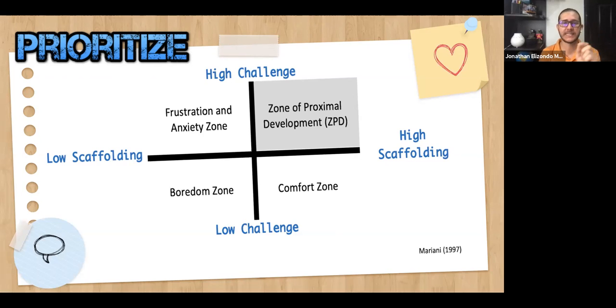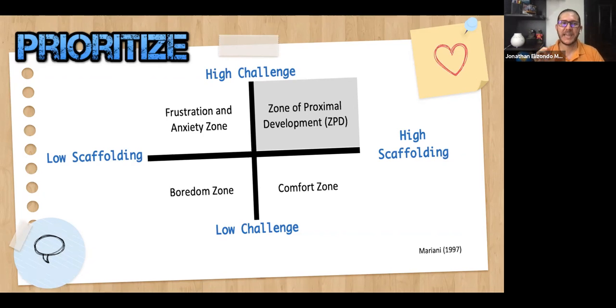Why? Because if an activity is high challenge and low scaffolding, meaning it's really difficult but the teacher is not going to support me, I am going to get frustrated and anxious. And if this is done asynchronously, that is a problem, okay?